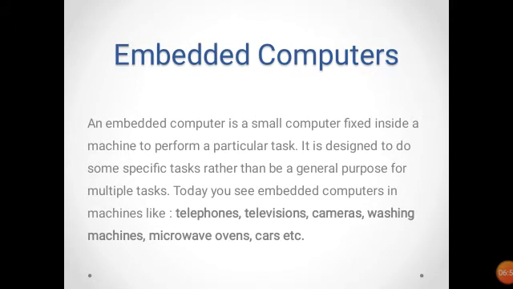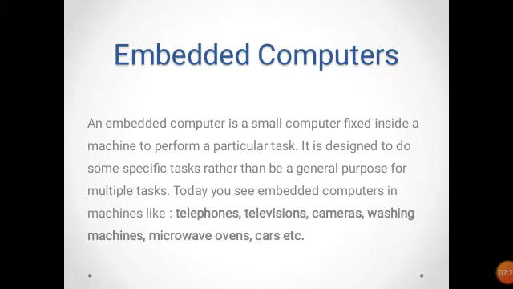The next category is the embedded computers. Embedded means mixing with other devices, fixed with some other devices. An embedded computer is a small computer fixed inside a machine to perform a particular task. Nowadays, all house appliance goods are controlled by the microprocessors or the computer technology.